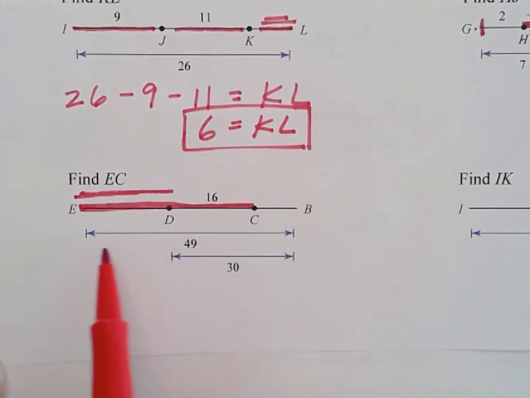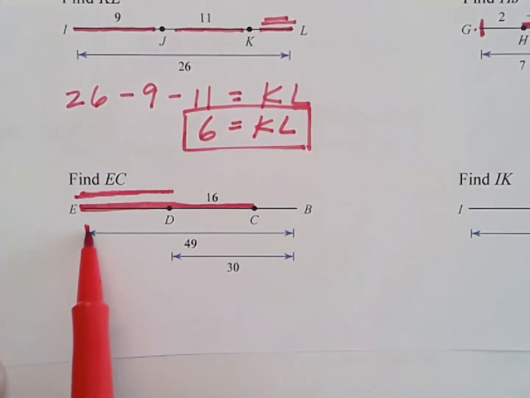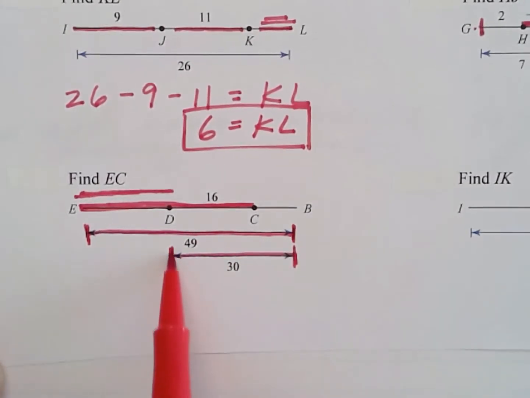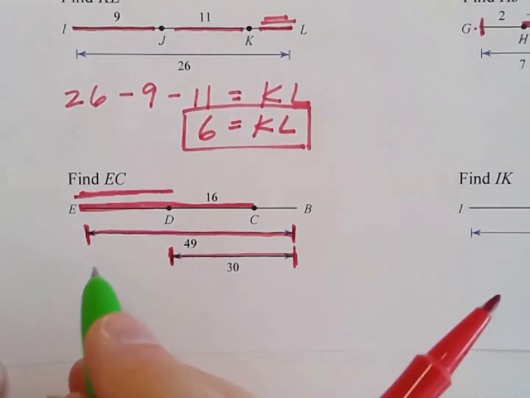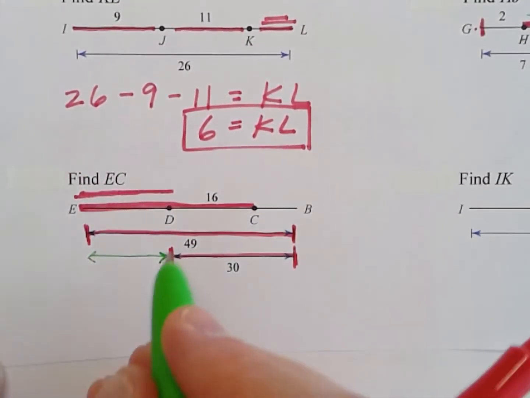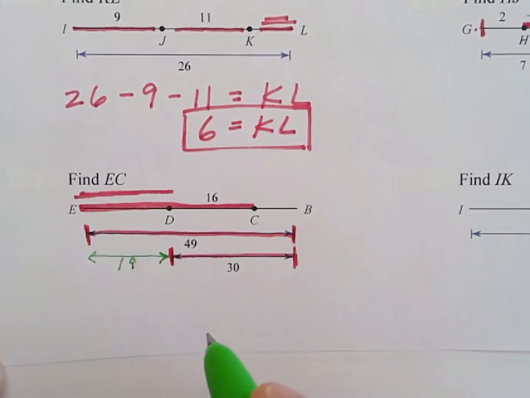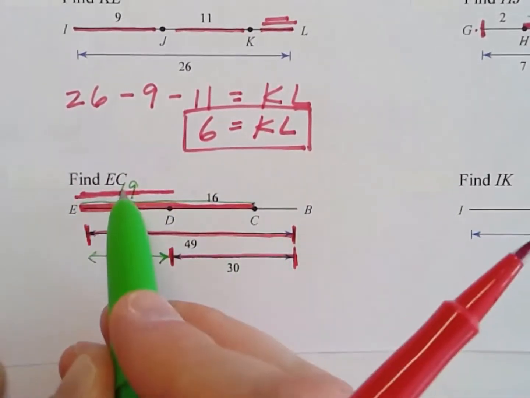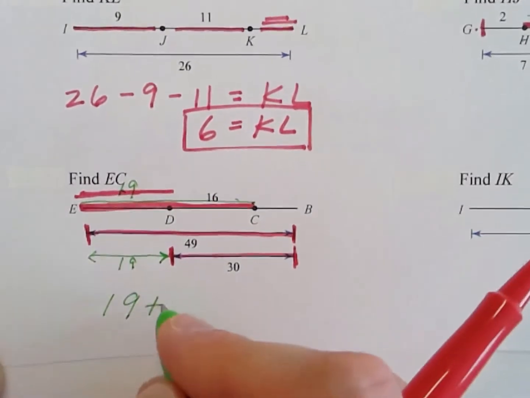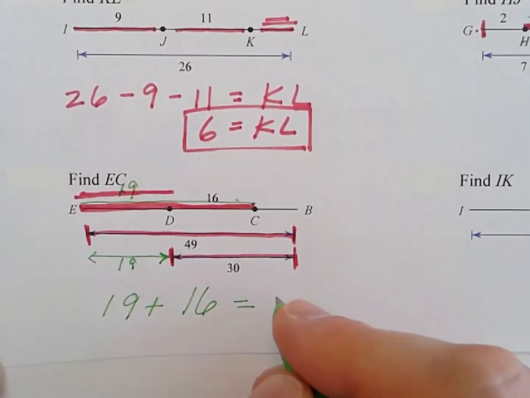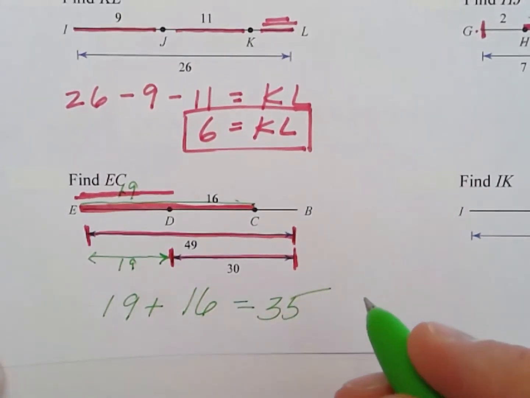Okay, so if this entire thing is 49 and then this coming back is 30, then what do I know has to be this part right here, the part that I'm interested in? Well, that has to be 19. So if this is 19, then the EC that I want is 19 plus 16. And so that is going to be 35. Okay?